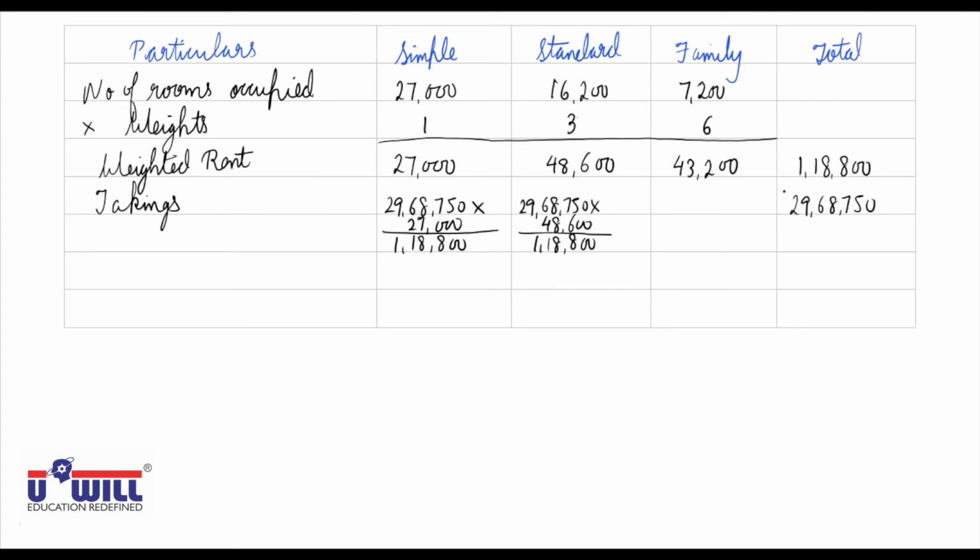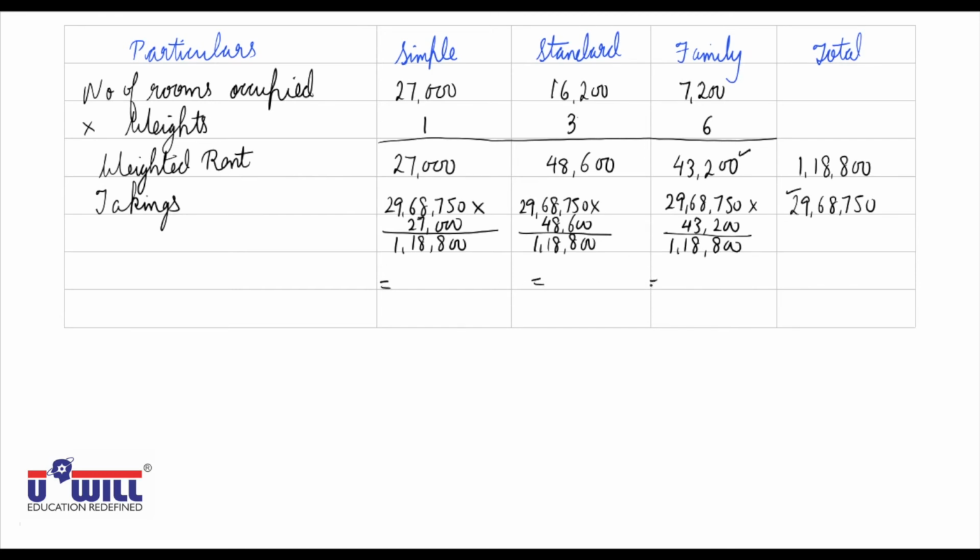And for the third one, 2968,750 multiplied by 43,200 and then divided by 118,800. And in calculator you can do it in more easier manner.